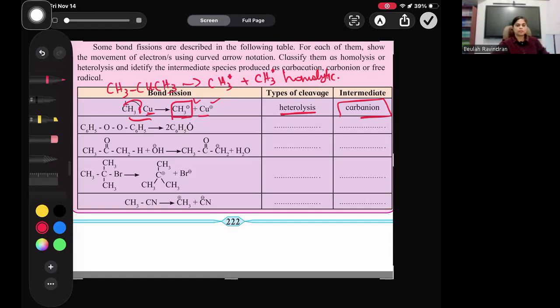Just go through it. What is in this second one? Okay, take down this and let me know what are all the reactions.